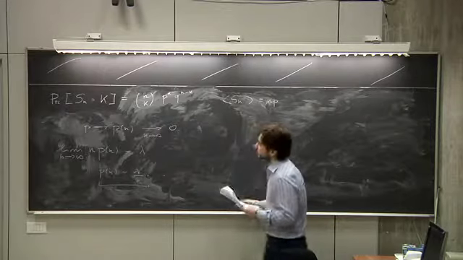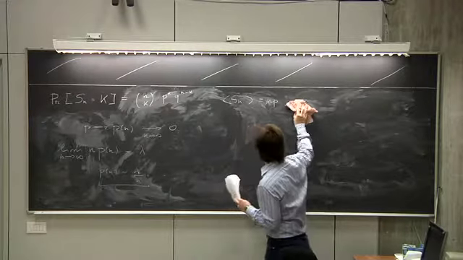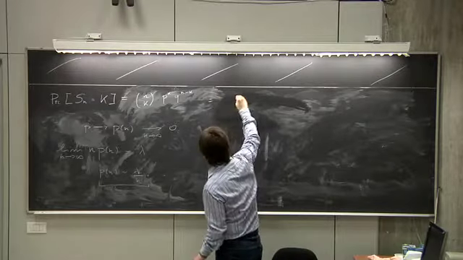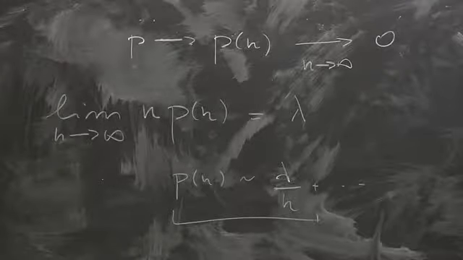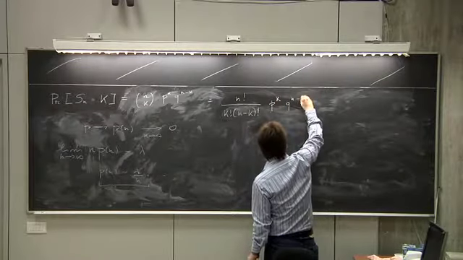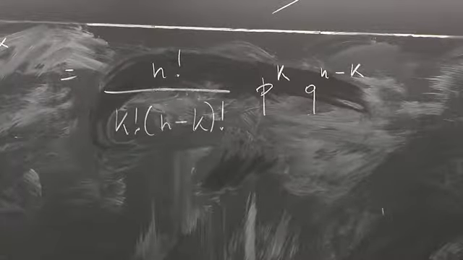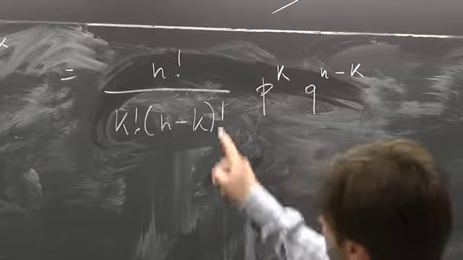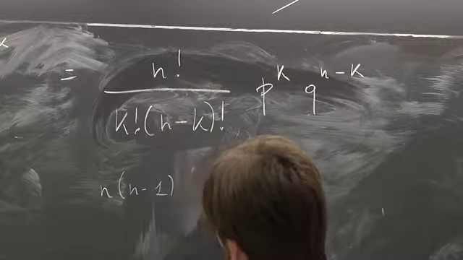Again, let me write it down explicitly. So let me focus on this factorial. This is n times n minus 1.